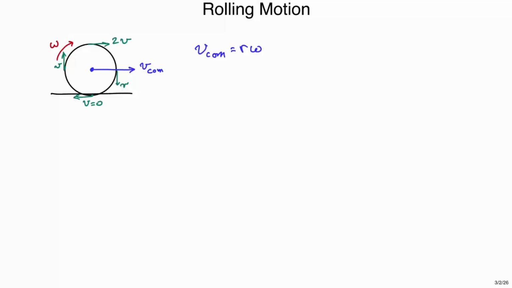So what do I mean that it's V, 2V, V, and 0? This is the vector sum of the tangential velocities that exist because of the rolling motion, the circular motion, plus the fact that this thing is also moving sideways.